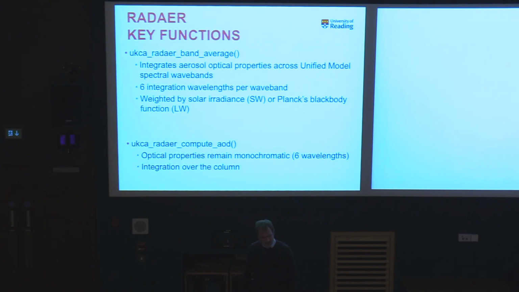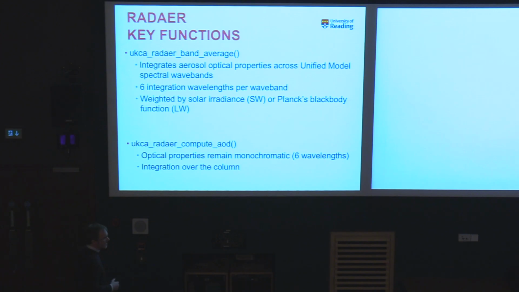More technically, where in the code are those things done? There are two key functions. The first one is UKCA RADAER band average. This is the key function that does most of the work in RADAER. It takes the input from GLOMAP, computes the aerosol properties, and then averages them over the wave bands that describe the shortwave and longwave spectrum in Socrates.